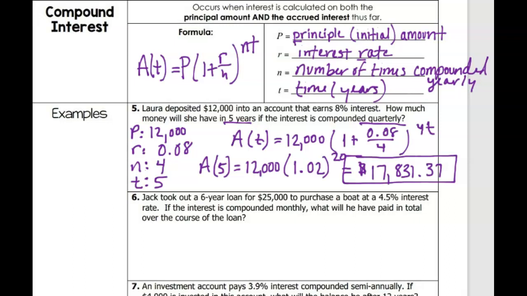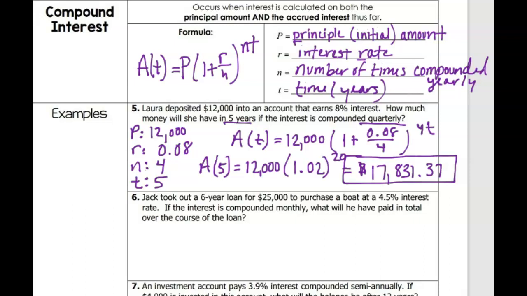Okay. So then number 6 we'll do as an example as well. Notice that this is a person who takes out a 6-year loan to purchase a boat, and they have to pay 4.5% interest, right? So you can go the other way too, where if you don't have the money to purchase something, you might have to go to the bank and say, hey, I need some money.